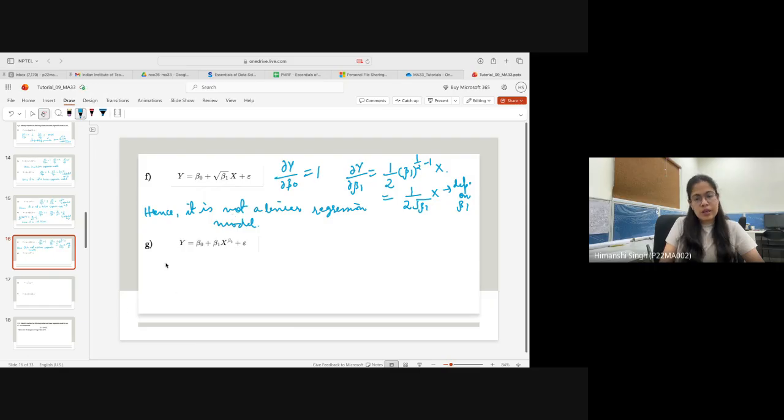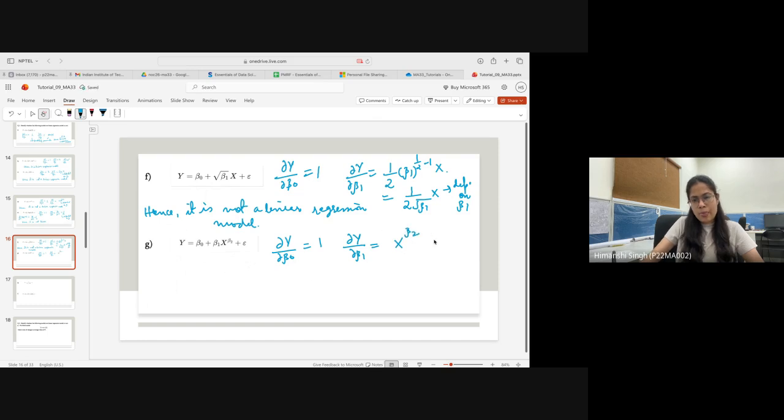Now in the next question, if you find del y over del beta naught, it is 1, no doubt, because the other terms are 0 and this is 1. Del y over del beta 1, with respect to beta 1, will be x to the power beta 2.